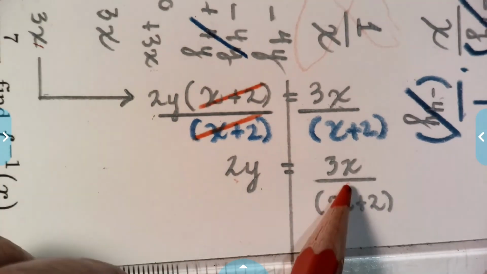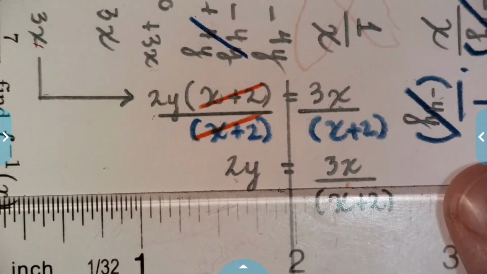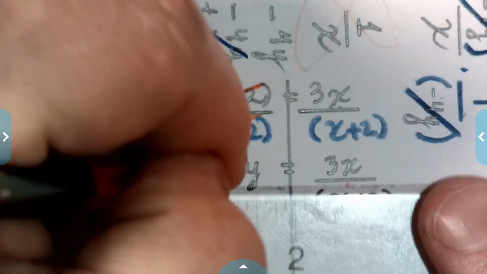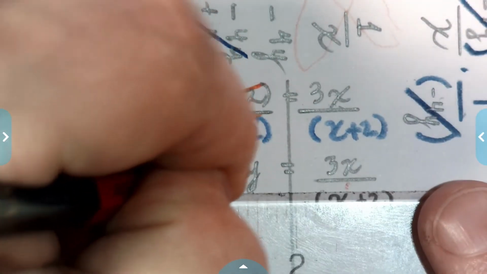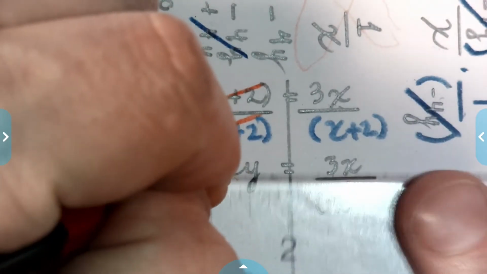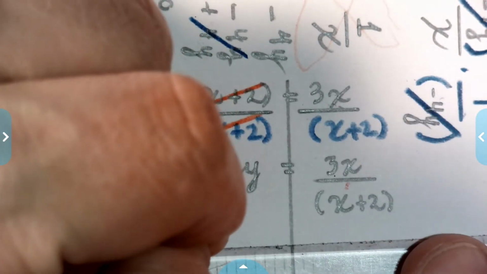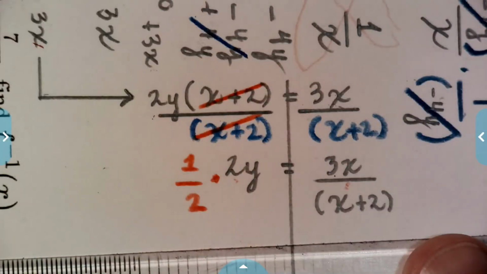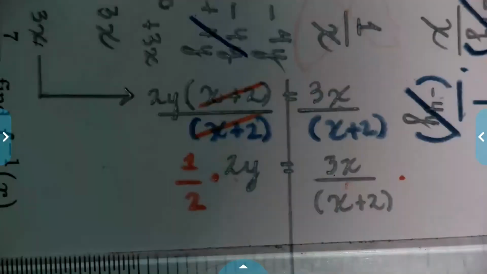But since I've got a fraction over here, division is the same thing as multiplying. If I want to divide by 2, I can do the exact same thing by multiplying by 1 over 2. Does that make sense? That's the same thing as division. And it's going to help me because over here on the right, I've got a fraction and I want to multiply by 1 over 2.